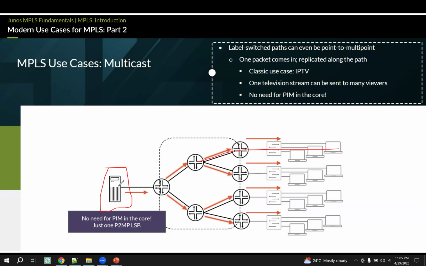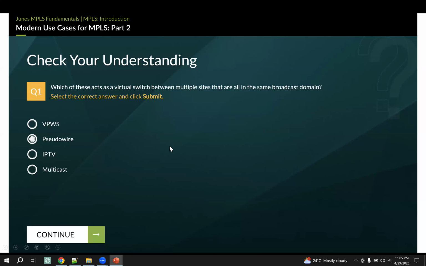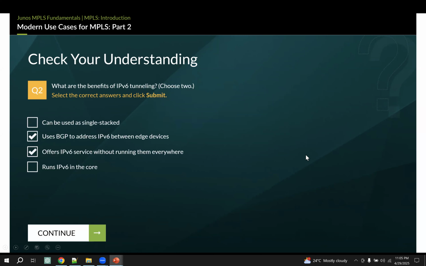It can be any streaming service, for example IPTV. So for multicast you can get the solution MVPN, multicast VPN, but it is also possible through MPLS. Which of these acts as a virtual switch between multiple sites that are all in the same broadcast domain? That is pseudowire or VPLS.